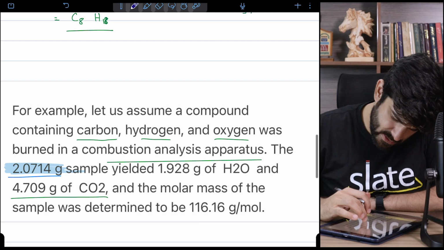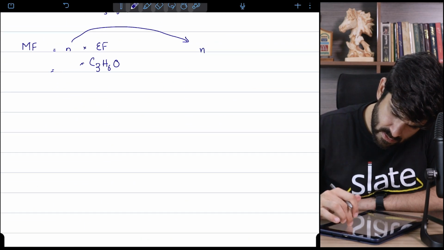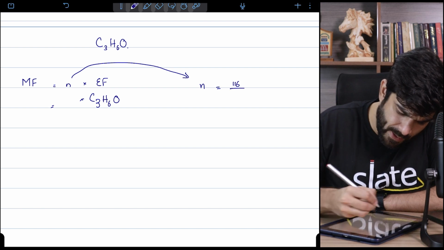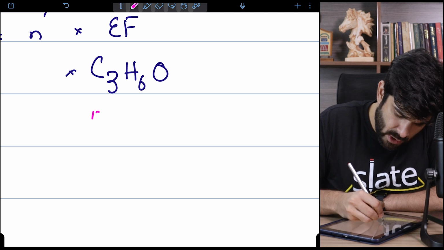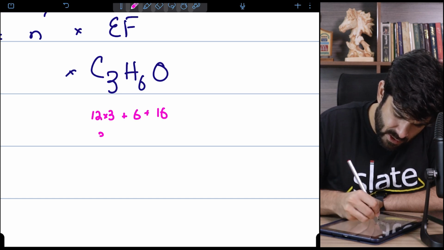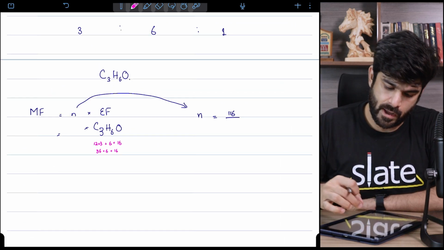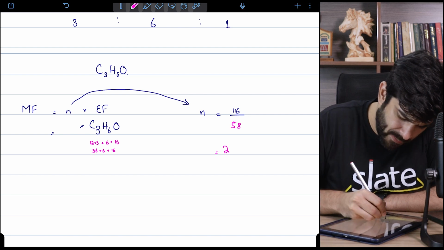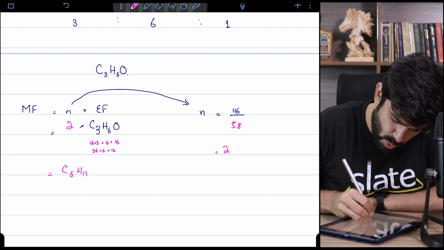We have the mass, 116.16, divided by the mass of this whole compound: 12 into 3 plus 6 plus 16. 36 plus 6 is 42. 42 plus 16 is 58. So again the answer is 2. We multiply this by 2 and the final formula is C6H12O2.